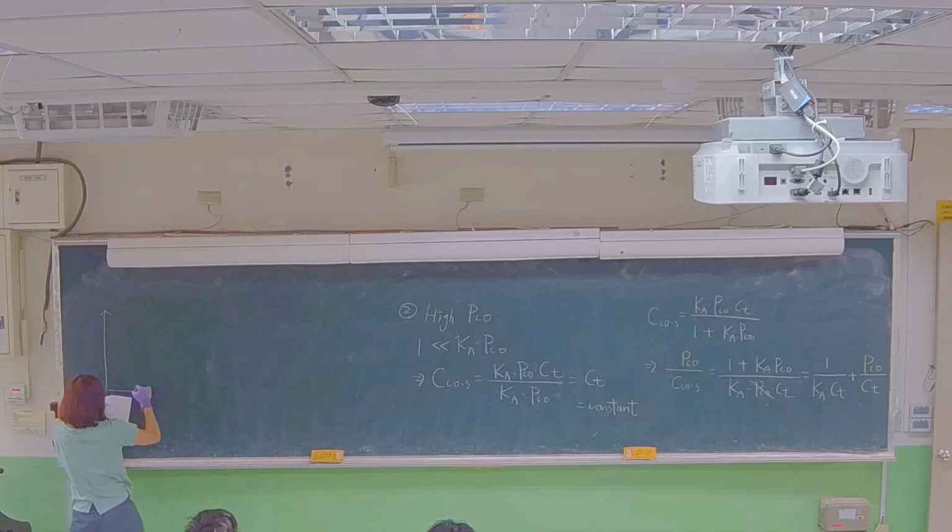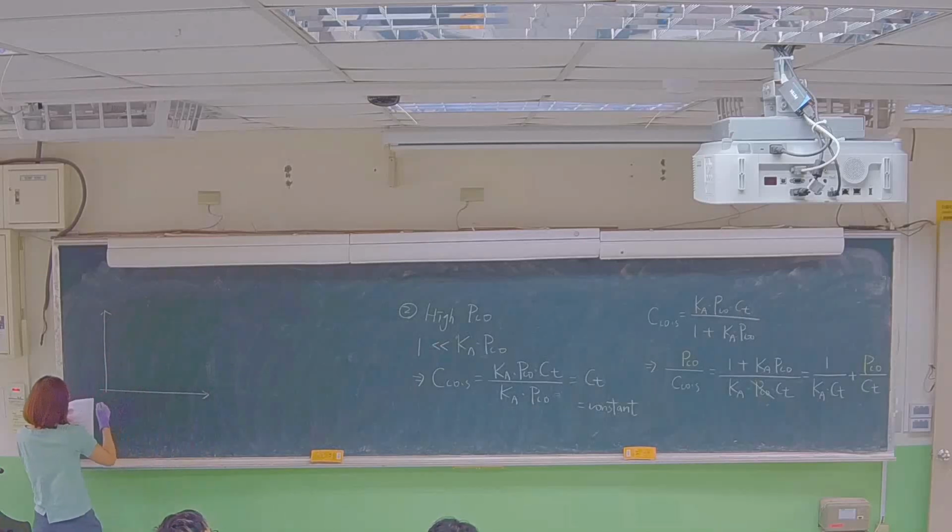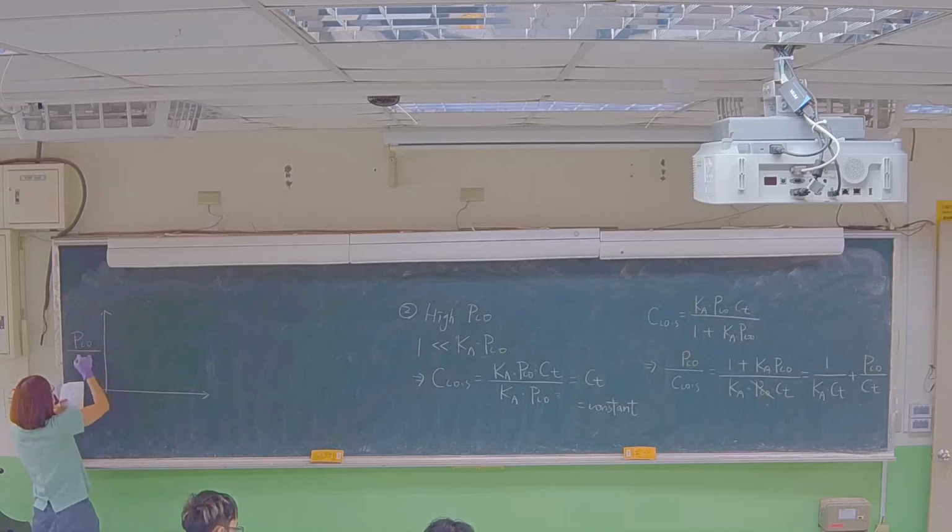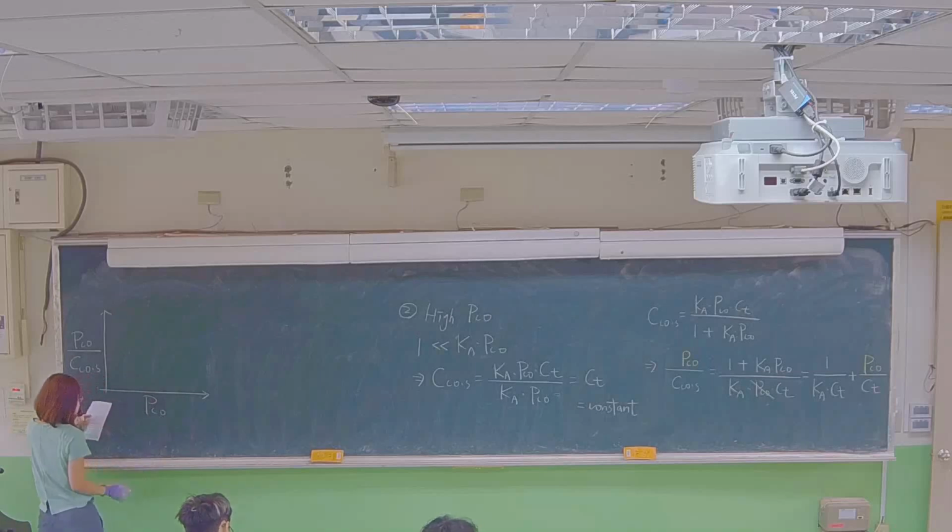The new plot is to draw PCO over CCO* versus PCO, okay? So you can compare that one and this one.